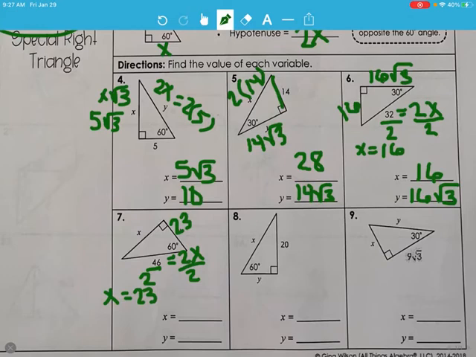The shortest side is 23, that means the longer side would be 23 root 3. So pay attention with the labeling, because they are trying to confuse you by putting X in different spots. And remember, when you're doing the math, X represents whatever your smallest side is.